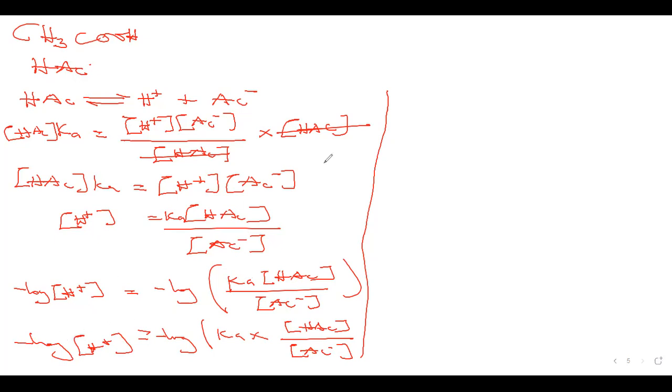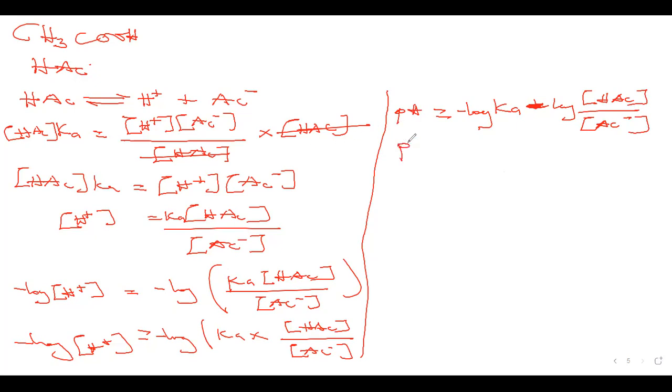The whole of this side is pH. I can write pH being equal to, by basic logarithm principle, negative log of Ka plus, once it is negative log that is coming there, I can just replace the whole of this by minus, so minus the log of this over that. Simple as that. This is what I have.